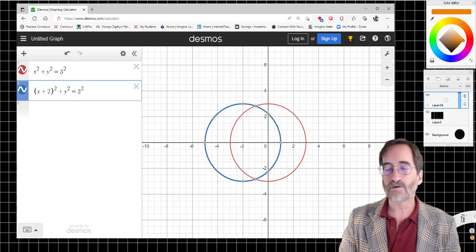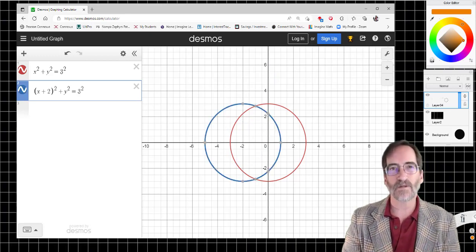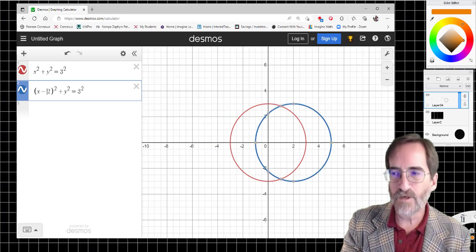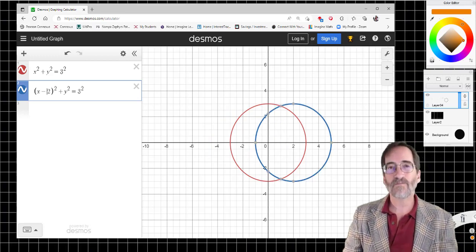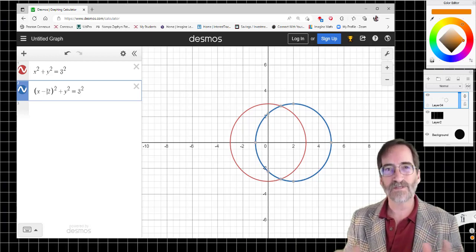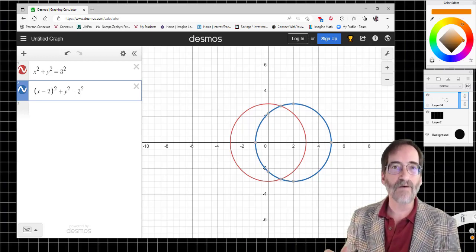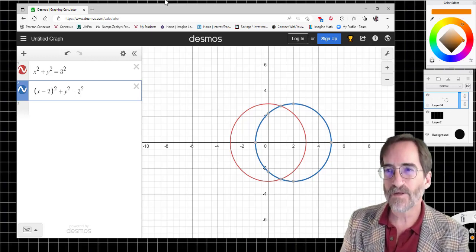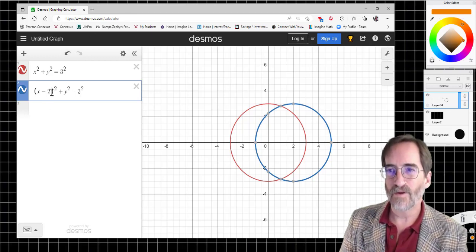Same circle, but the circle has been shifted to the left 2 spaces. If I make this a minus 2, it'll be shifted to the right. So I want you to remember this: whenever I replace x with x plus something, it'll shift it to the left, and x minus something will shift it to the right. The same thing is true of the y value.